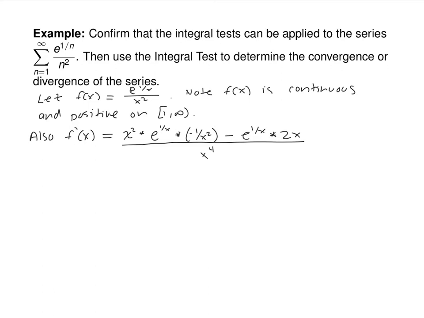Notice how this x squared and that x squared are going to cancel. Also, there's a greatest common factor of e to the 1 over x. So e to the 1 over x times negative 1 minus 2x all over x to the 4th.